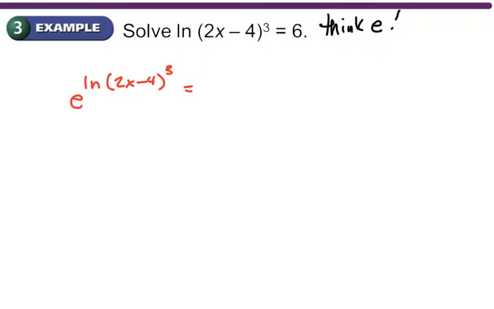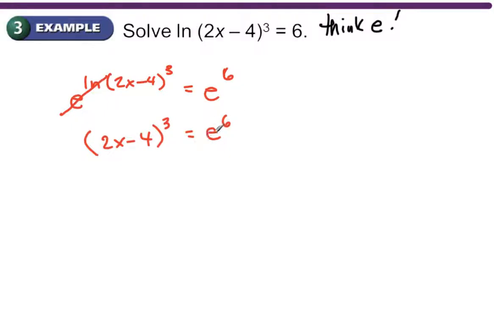We're going to take the exponential. Now e and ln, natural log, these are inverse operations, so they cancel each other out. That's why we did it. (2x minus 4) cubed equals e to the 6.